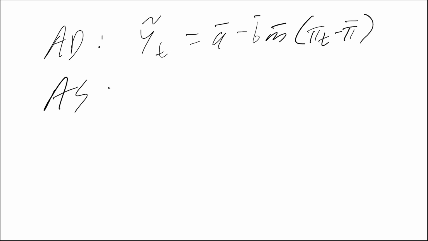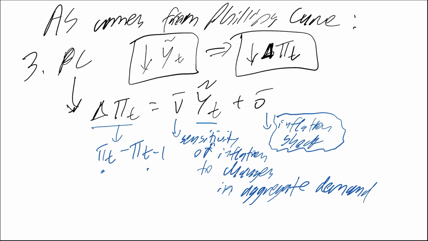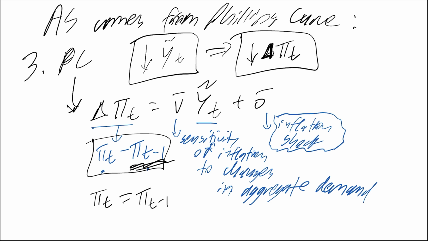And then aggregate supply, we can look at this equation here, and if we just write it like this, so we know that the change in inflation is this. If we say that we already know what inflation was last year, we can write this as a function of inflation this year. And so we'd have this written out as so, just moving the pi t minus 1 over to the other side.